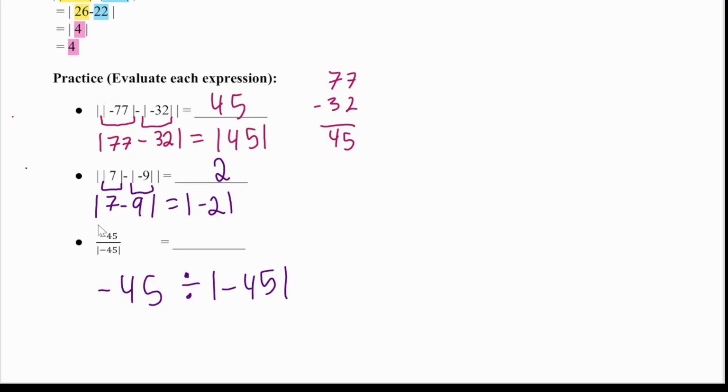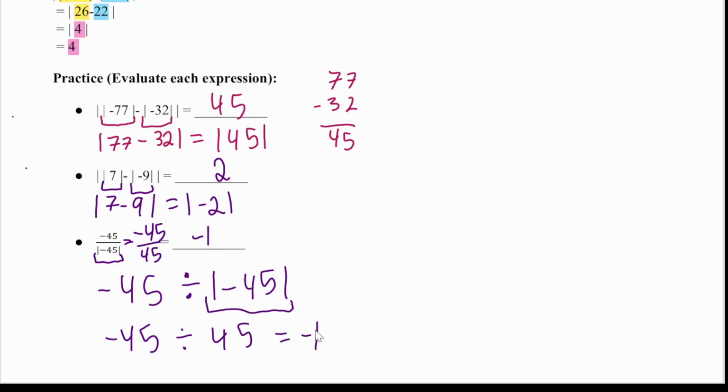Either way, though, what we're going to tackle first is the absolute value of negative 45, which is going to give us positive 45 because negative 45 is 45 away from 0. Then what we're down to is negative 45 divided by positive 45, since the absolute value of negative 45 is 45, and that will give us negative 1 as a final answer.